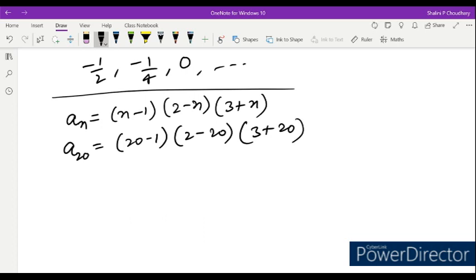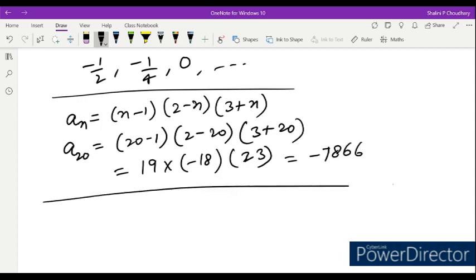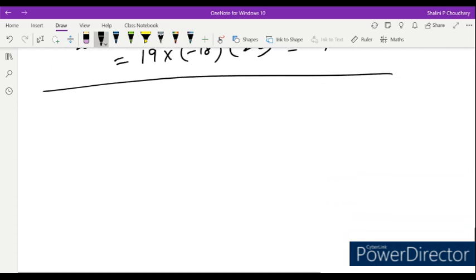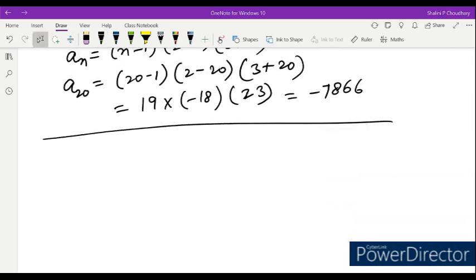What value will you get? This will be 19 into minus 18 and into 3 plus 20, which is 23. So what value will you get? You will get minus 7866.